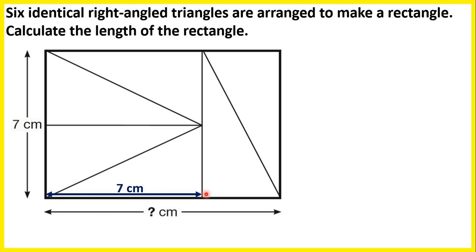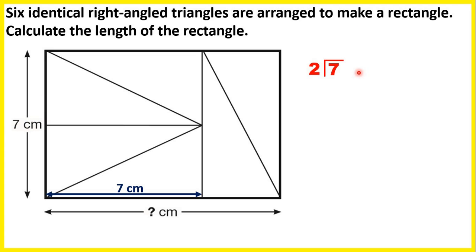But now we need to know what is the length of the base of a triangle. We'll notice here we have 2 bases of a triangle, and that's a total of 7 centimeters. So to find the length of one base, which will be the same as this base here because the triangles are identical, we can divide 7 by 2.